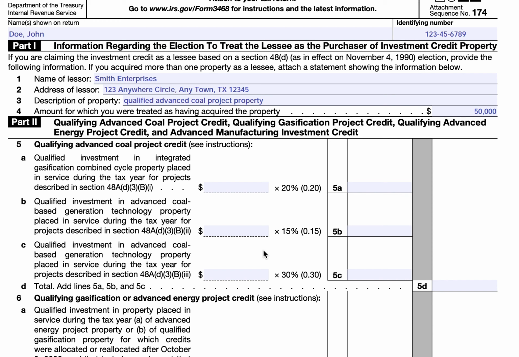So a qualifying advanced coal project is one that uses advanced coal-based generation technology as defined in section 48A(f) to power a new electric generation unit or to refit or repower an existing generator. If it has fuel input that when completed will at least be 75% coal. It also has an electric generation unit or units that will generate at least 400 megawatts.